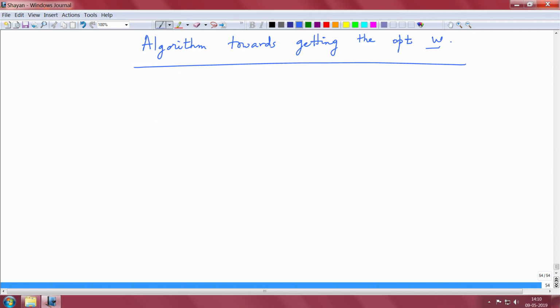So instead of optimality, maybe I think the right phrase is towards getting a solution to W. Okay. Now, let me state this algorithm in 2 steps.